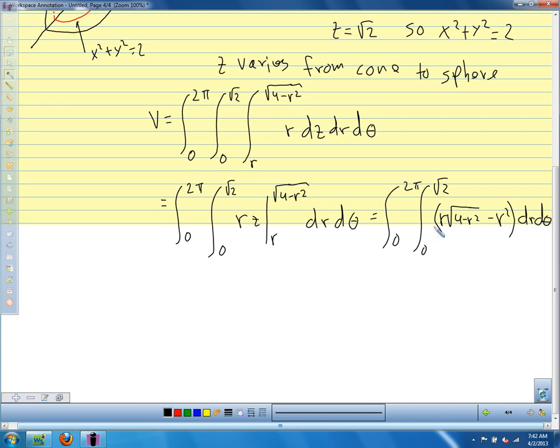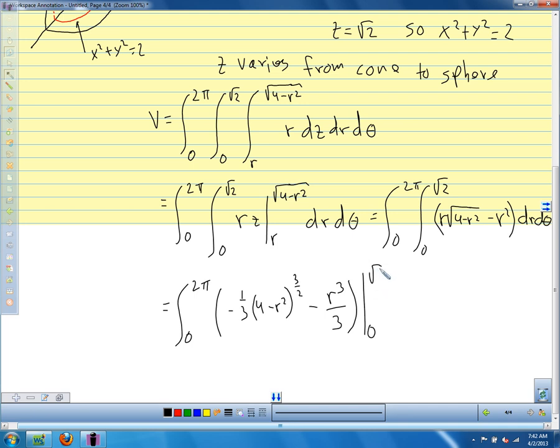This integral with respect to r has a nice u substitution, and it is not difficult. So we get the integral from 0 to 2 pi of minus 1/3 times 4 minus r squared to the 3/2, minus r cubed over 3, evaluated from 0 to square root of 2, d theta.